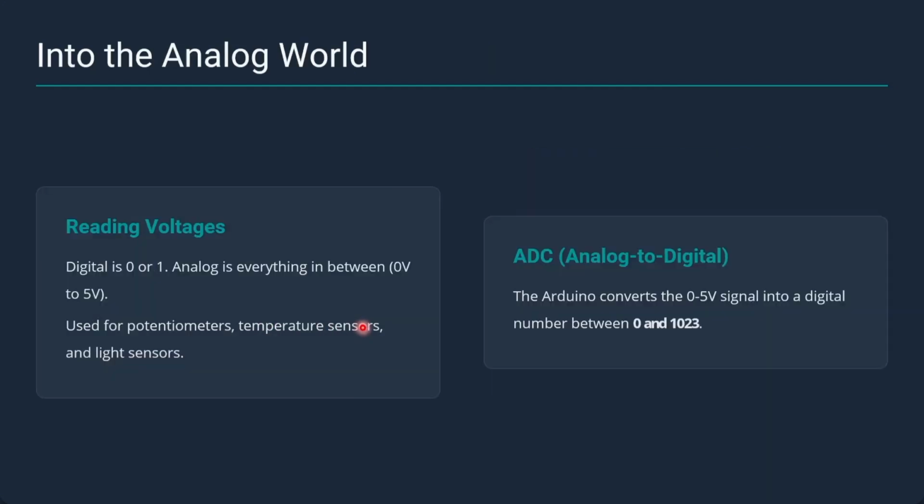I just said the real world is not only on and off, it is continuous. Based upon some analog input values, the Arduino needs to work here. Okay, ADC is nothing but an analog to digital converter. A voltage is not a whole number, right? It will convert to some values. The analog value will be from 0 to 1023. A digital pin is nothing but 0 or 1, either high or low.